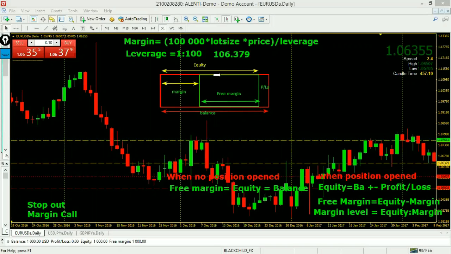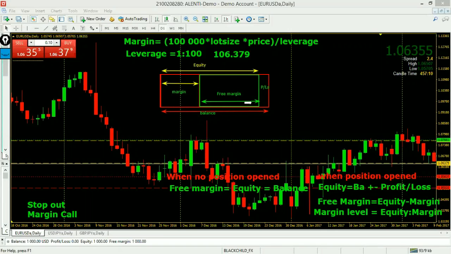So that's how these equity, margin, free margin, and balance ratios can be represented, so that you can have a visual impression of how the profit and loss affects your margin, your free margin, your equity, and also your margin level.